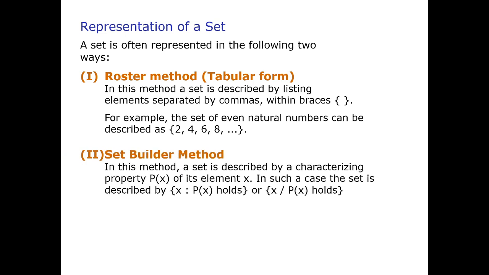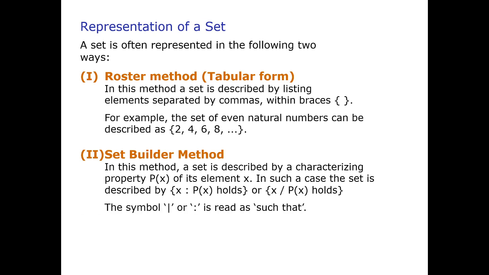Then there is another method, that is the set builder method. In this method, a set is described by some characteristic property, which we write as p(x), some function of its element x. In such a case, the set is described as the collection of all those x such that the property p(x) holds true.